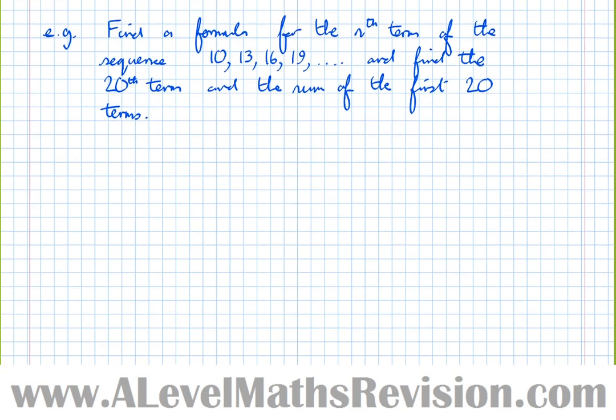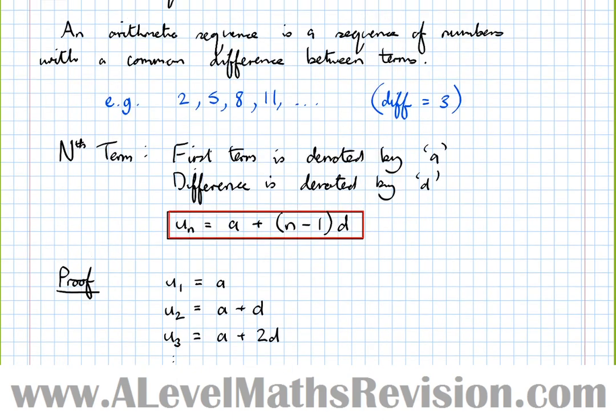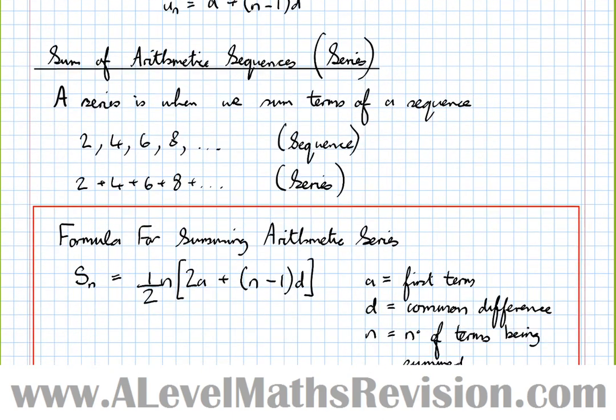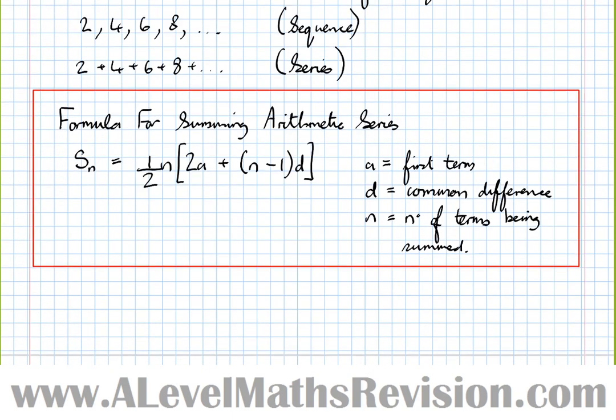So what we're going to use is the two formulae that we used before. We've got the nth term formula there, and we've got the sum of n terms there.